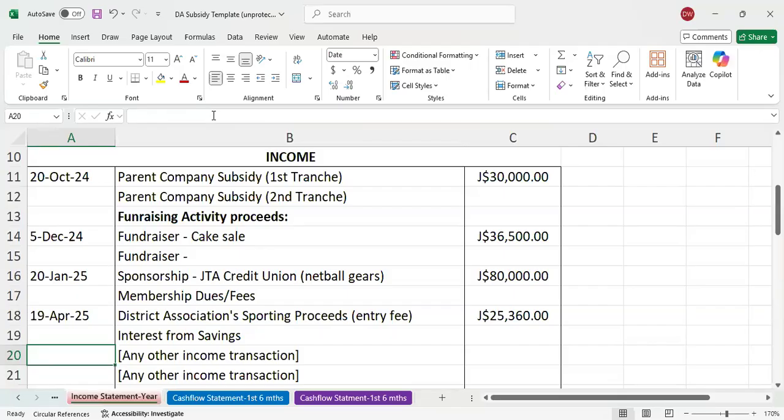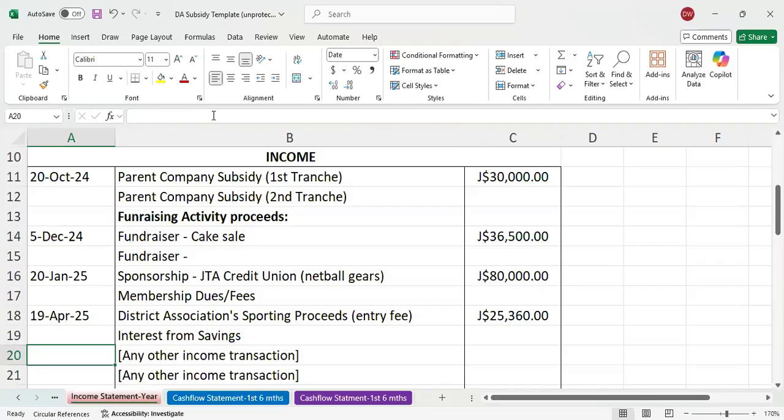Other source of income, different parish or DAs will have different source of incomes based on persons who would contribute, sponsorship, fundraisers. But if there's anything in particular that you would have received from funds from, it has to be recorded as well.